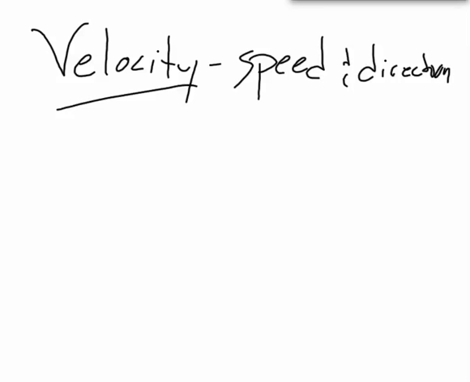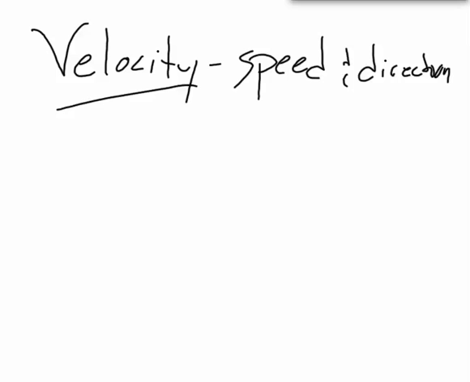So velocity has speed and direction. If you hear velocity in movies, or in the news, or in your magazines, and it doesn't have direction, it's not velocity. That's where you run into trouble.